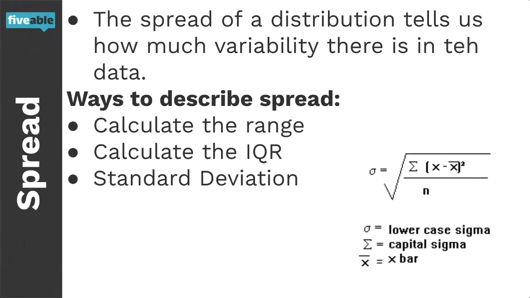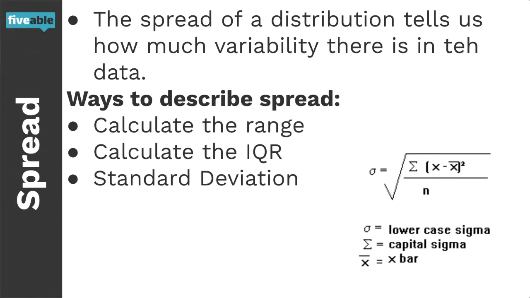We can calculate the IQR, also known as interquartile range. That's your Q3 minus your Q1. That tells you how spread out the inner 50% of our data is. The range gives you how spread out all your data is. IQR gives you your middle 50%.